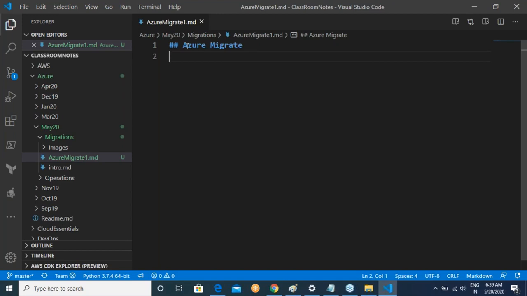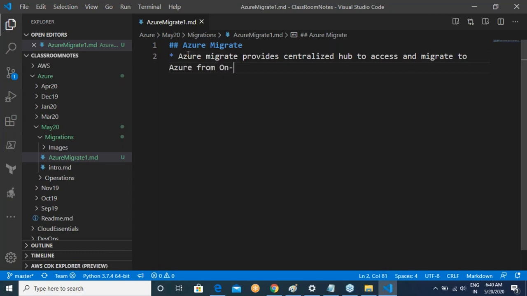So here Microsoft is offering something called Azure Migrate. Azure Migrate provides a centralized hub to access and migrate to Azure from on premises.